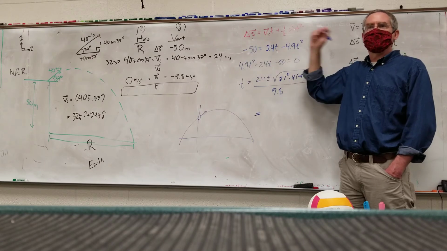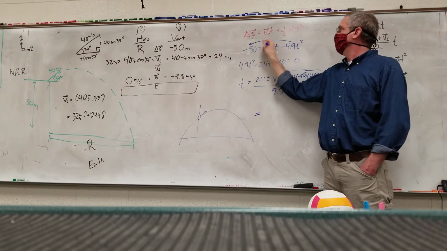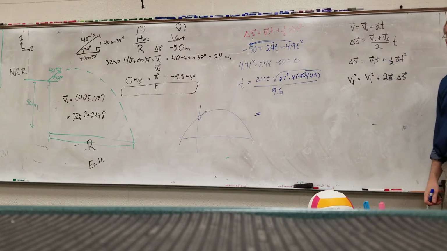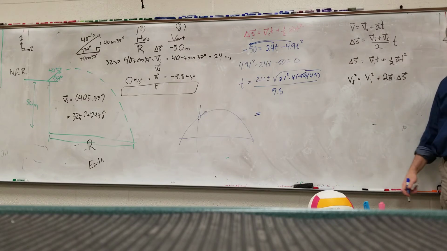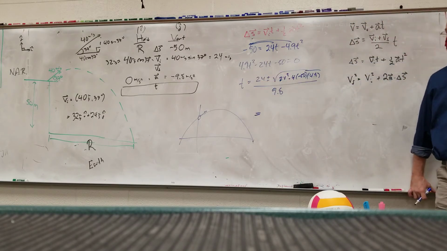Yeah, bring it over to the other side. No, you brought it over to the other side. Oh, okay. It's the scars from my youth. I like the first number, I like the quadratic term positive. You don't have to. You can be a rebel like Max and just add 50 to both sides.